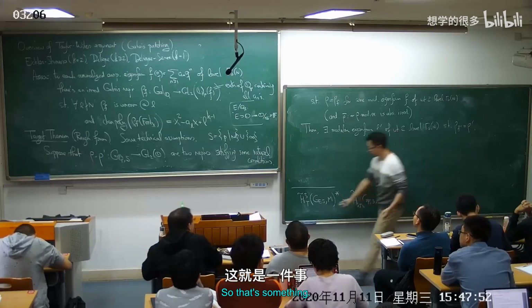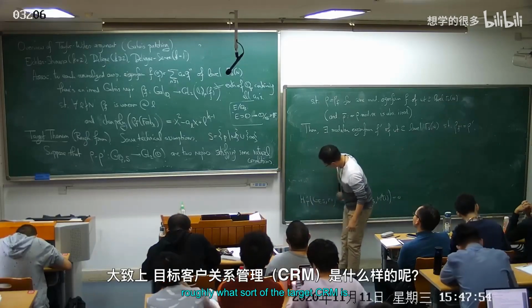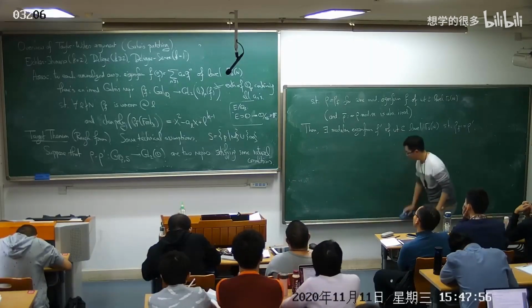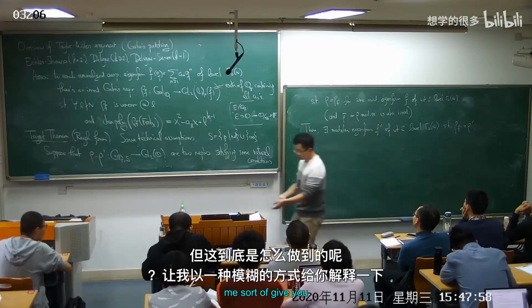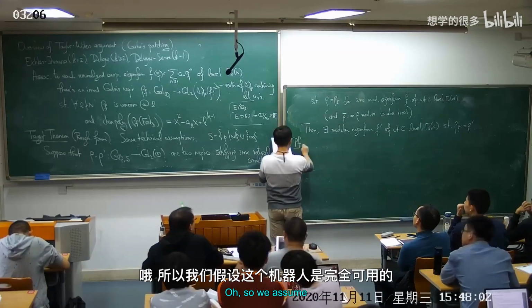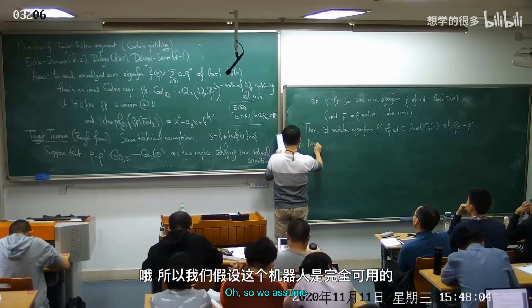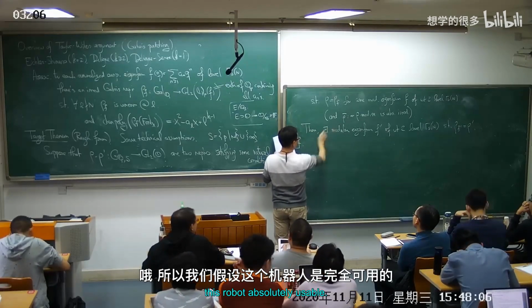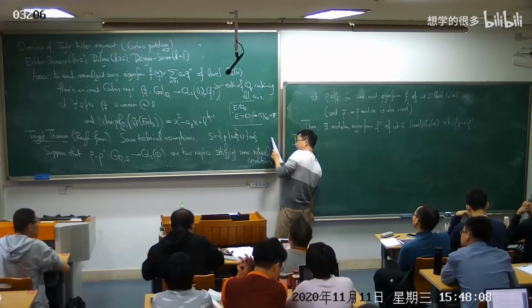So that's roughly what the target theorem is. Let me give you some vague way of how this is done. So we assume this rho bar is absolutely irreducible.